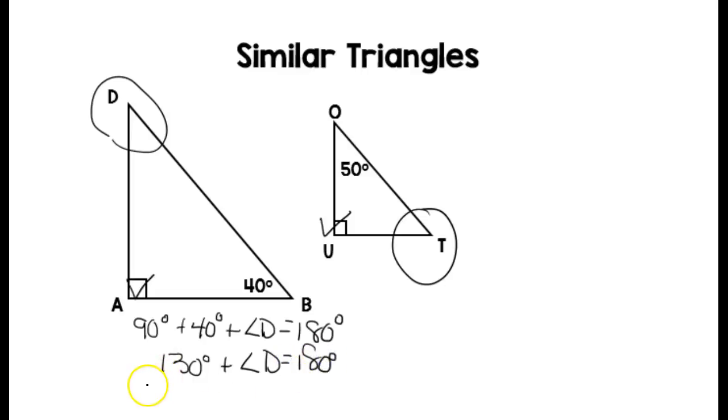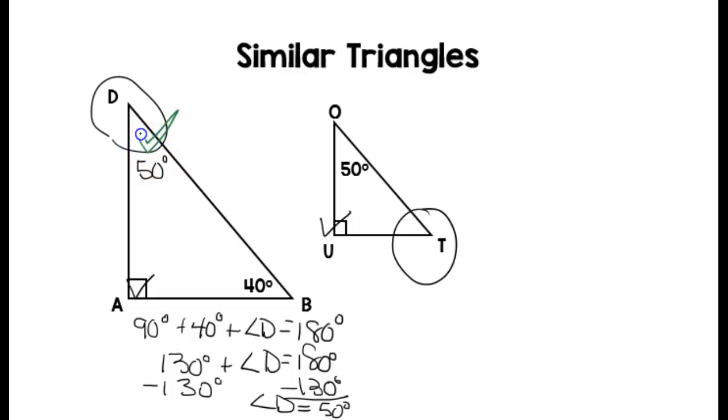You might be able to do this in your head, but you can also use your equation solving skills, and you can subtract 130 degrees from both sides. That will show you that, I'm running out of room, but angle D is going to equal 50 degrees. So we can go ahead and label this up here, 50 degrees. Now, lo and behold, we have a match.